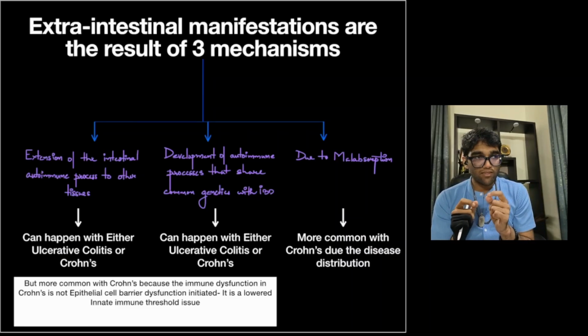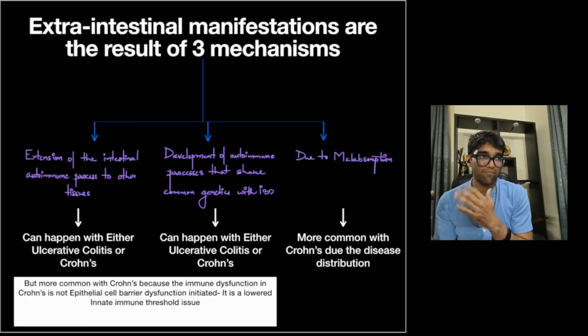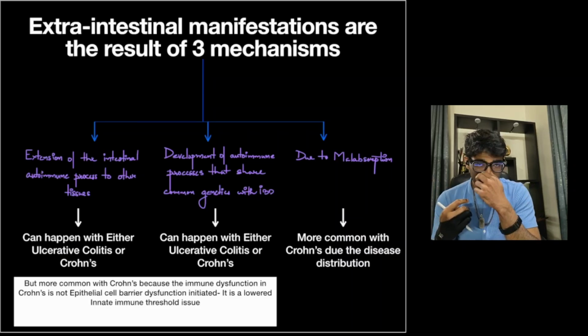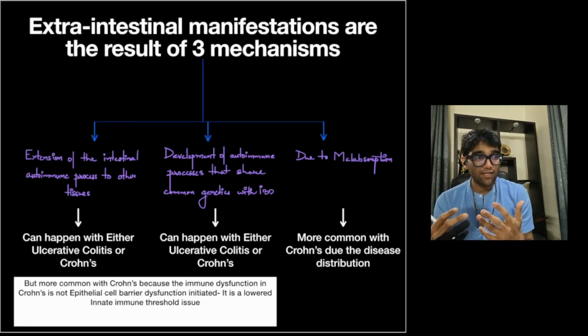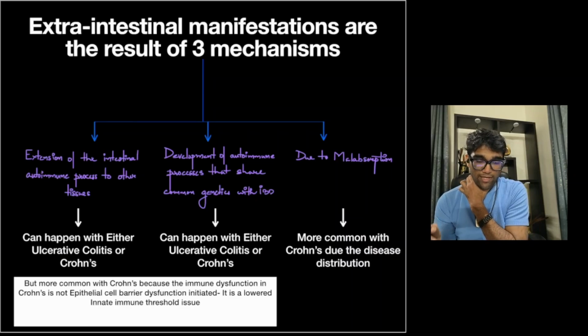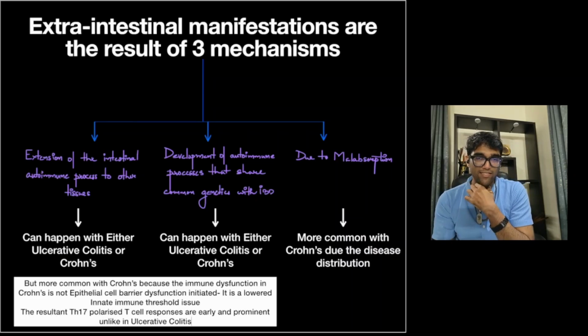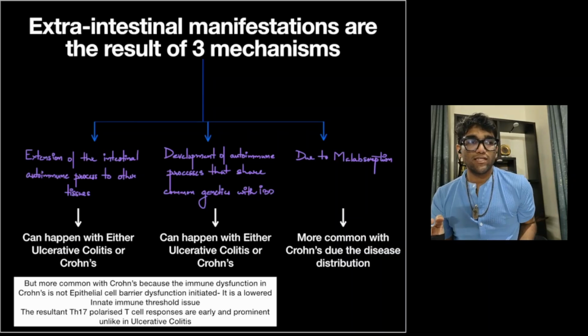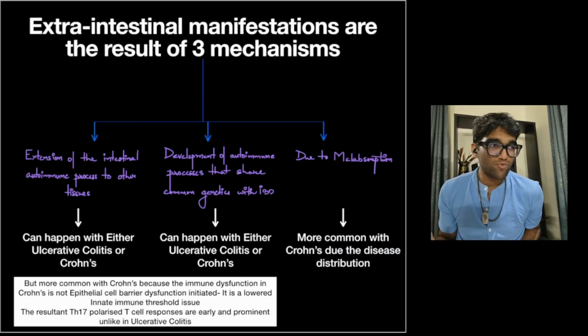So the mutations that cause barrier dysfunction in ulcerative colitis are not going to have the same effect at other barriers. As a result, extraintestinal involvement would be much less likely in ulcerative colitis. Whereas in Crohn's disease, Th17 polarization happens, and Th17 polarization is a universal thing. It happens throughout the body, so it can affect other organs much more commonly.